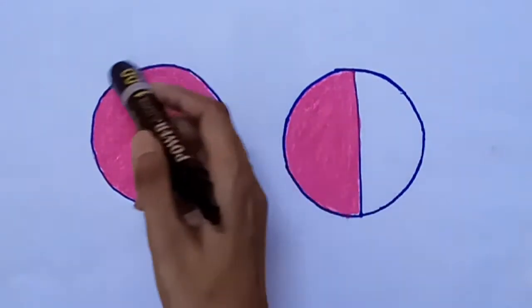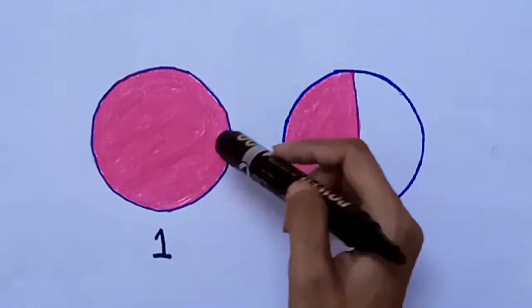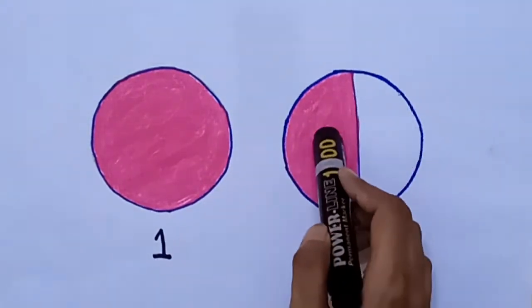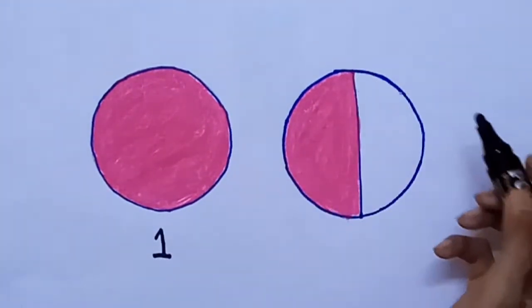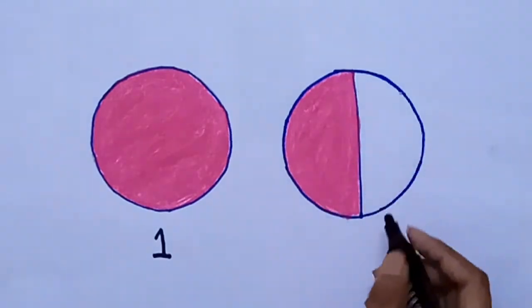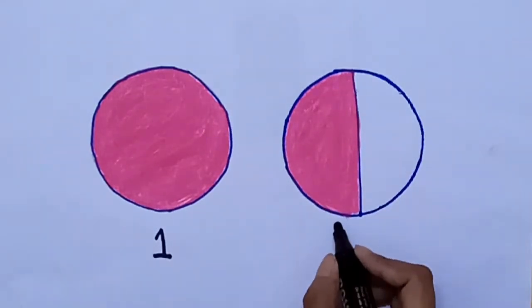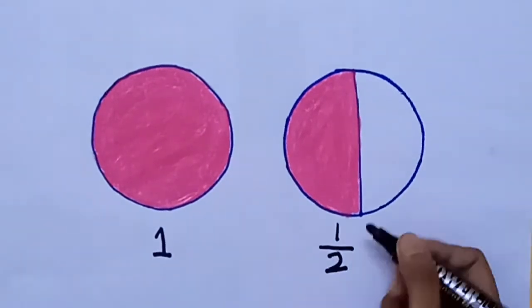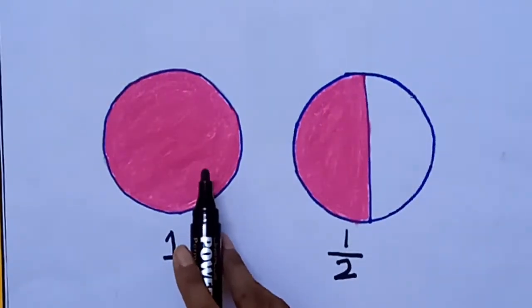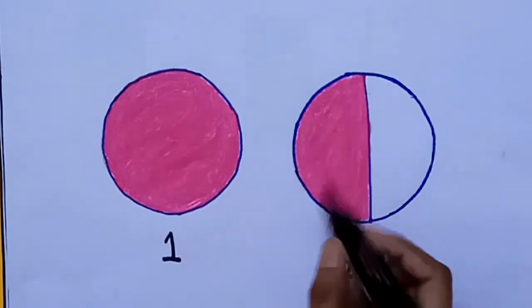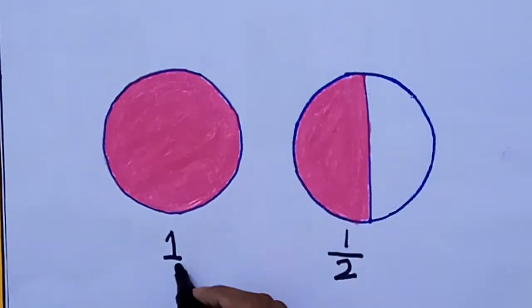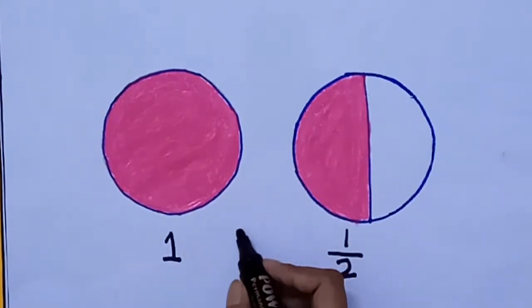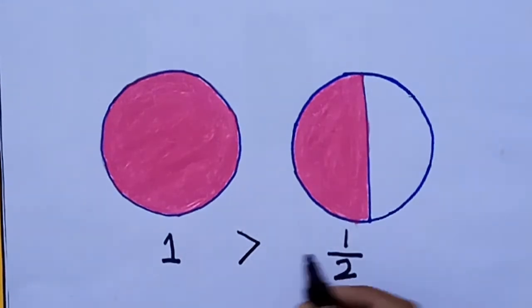If I divide this full part into two equal pieces, for one piece we will write mathematically 1/2. The full part is always larger, that's why we can say 1 is greater than half.